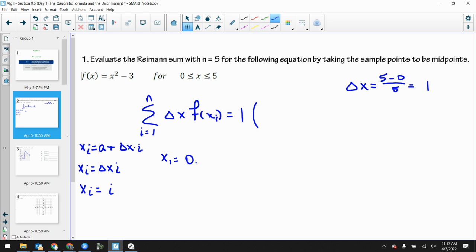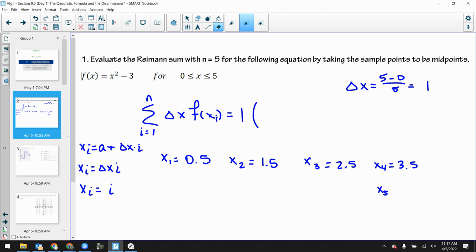Then x2 is going to add on an iteration of my delta x, so I add on another delta x: 1.5. x3 is 2.5. x4 is 3.5. x5 is 4.5.